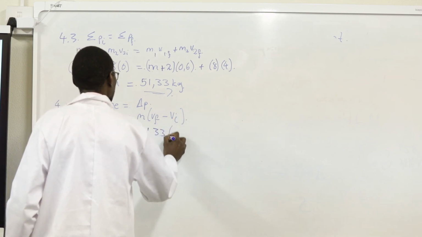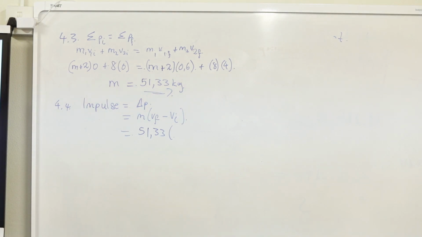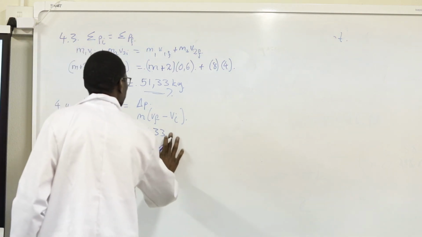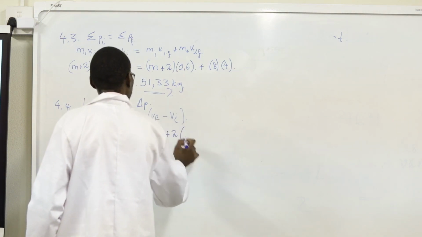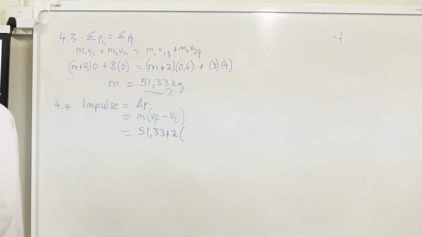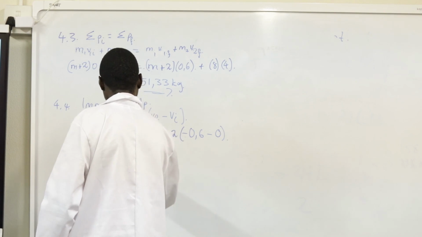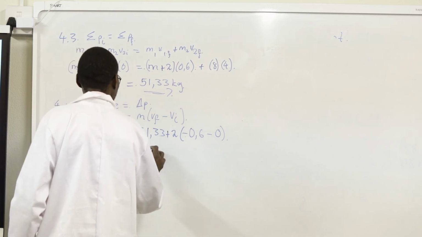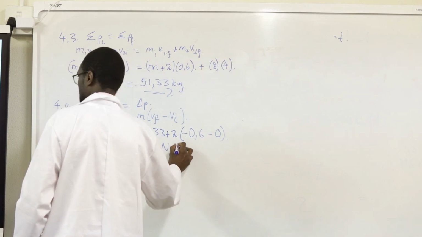51.33 kg, multiplied by the final velocity of the girl, so that's the combination plus 2, times the V final, okay, the final velocity was 0.6 in the opposite direction, minus initial of 0, and your final answer there will be an impulse of minus 32 Newton seconds.